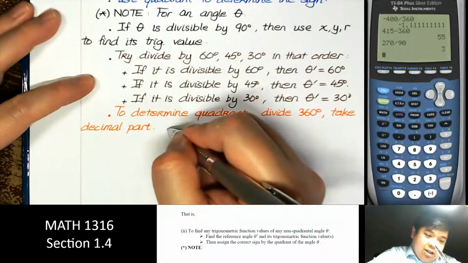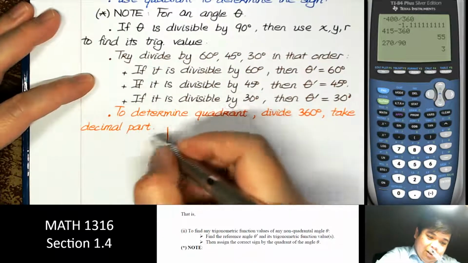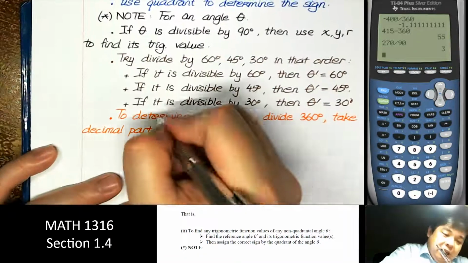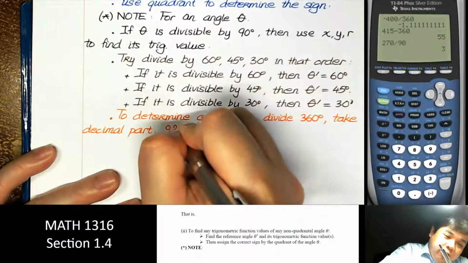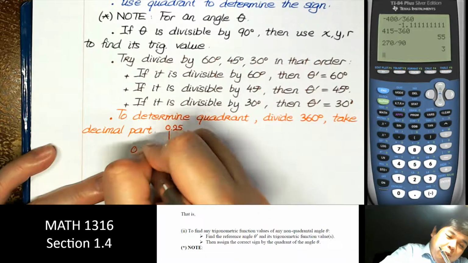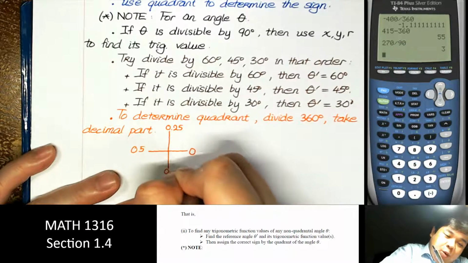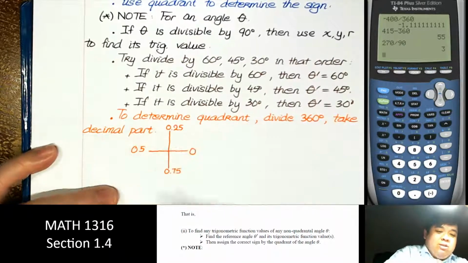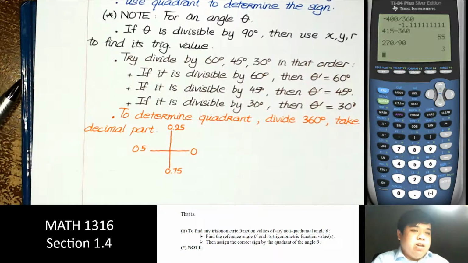Then we will have 0, a quarter like 0.25, a half 0.5, and 0.75. It will be in any of those quadrants. So that is how we determine the quadrant.